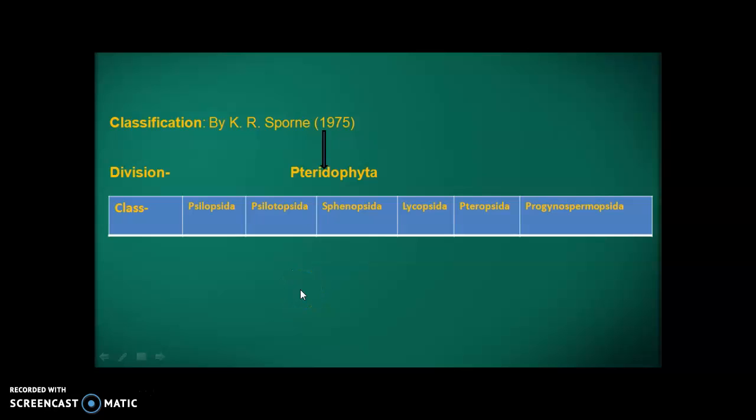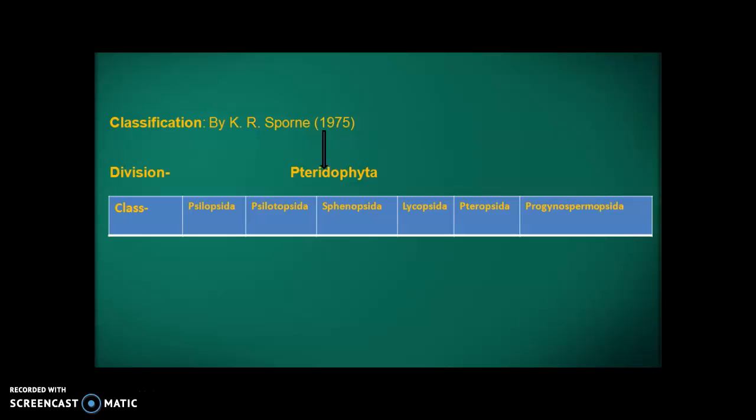Now the last point we will see about the pteridophyte is classification. Different workers made the classification of pteridophytes, but we have to see the classification according to K.R. Sporne, 1975. According to K.R. Sporne, the plant group pteridophyte is classified into 6 classes as follows: Psilophytopsida, Psilotopsida, Sphenopsida, Lycopsida, Pteropsida, and Progymnospermopsida.